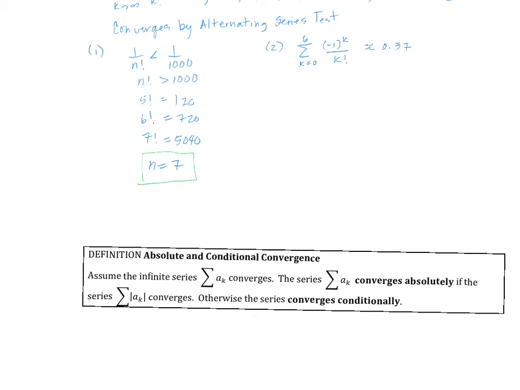But another thing you could do here, instead of adjusting for that n value in the inequality, is just reindex. Notice that if we start at k is equal to 0 and we go to infinity of -1 to the k over k factorial, if I add 1 to my starting value, I subtract 1 from my k value in the expression.